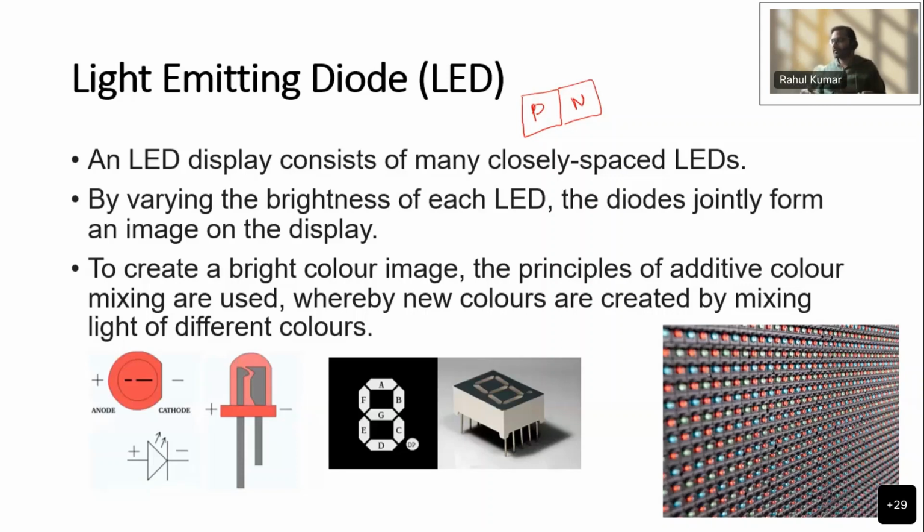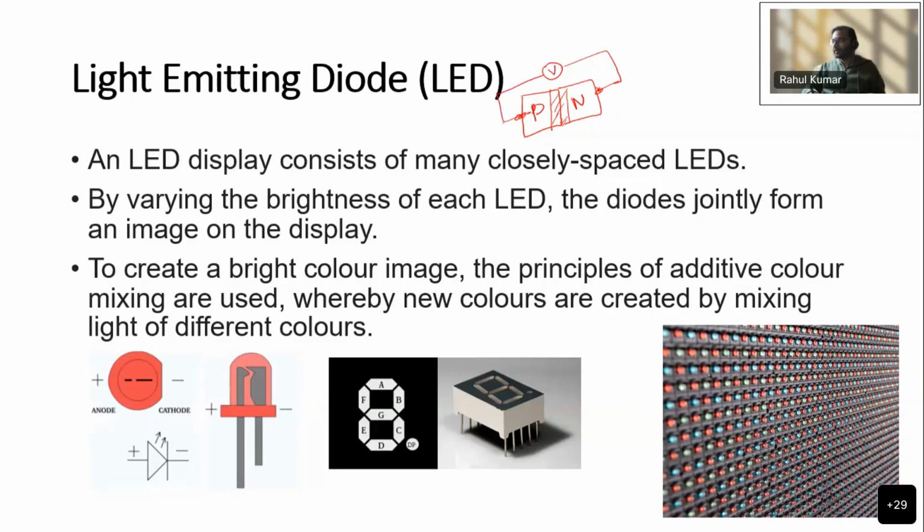All these are made out of semiconductor materials. What happens is they form a barrier. As soon as you combine these two types of semiconductor materials, there will be a barrier. That is why you need a certain value of voltage to break this barrier.